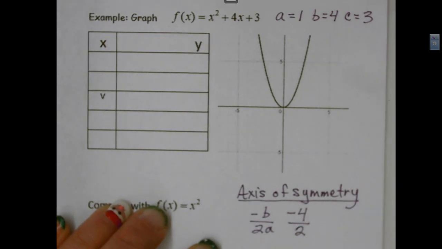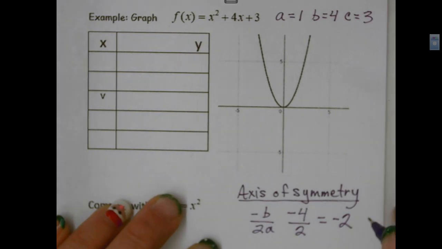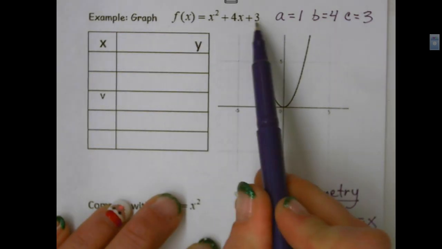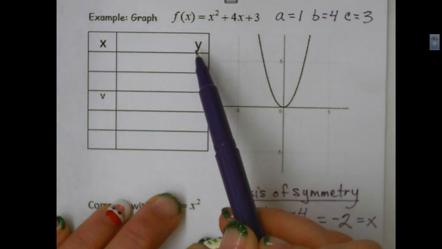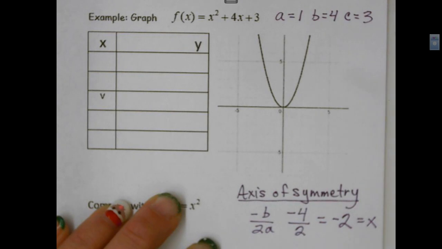And then we definitely want to simplify that. That's going to get simplified to negative 2. All right, so that is our x value. Now what we're going to do is we're going to substitute that value in so that we can find the y. That is going to be then our vertex.